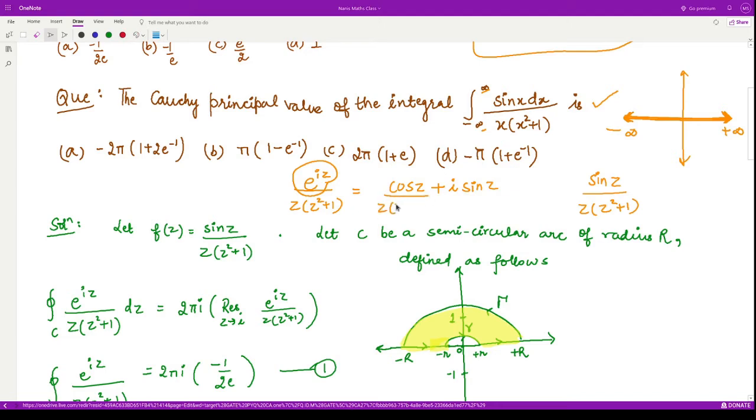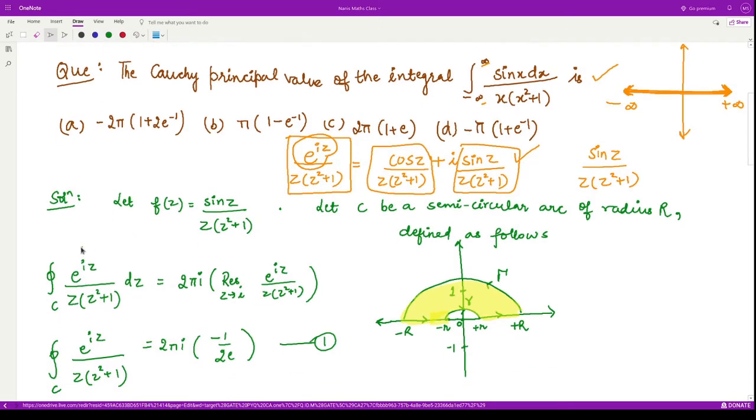If you are asked to calculate the integral of either the first term or the second term, you take this particular integral, so that at the end you can evaluate the real and imaginary parts to obtain whatever is asked in the question. In the current case they are asking for the sine term, so we will take this particular integral at the very start and perform the integration over C.